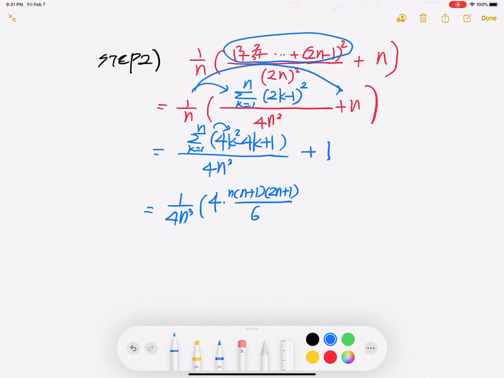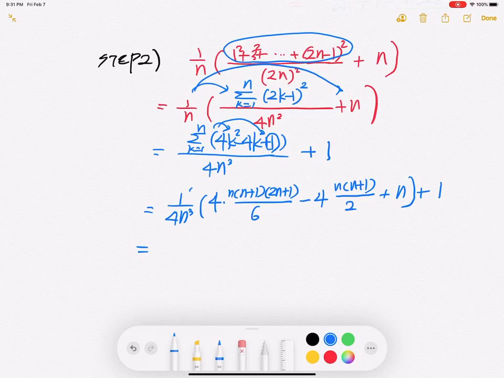Check, okay? And the next one is negative 4 as the coefficient, and then sigma k. The sigma k formula was n plus 1 over 2. And sigma c is cn, so 1 times n, just n. Whole thing plus 1.